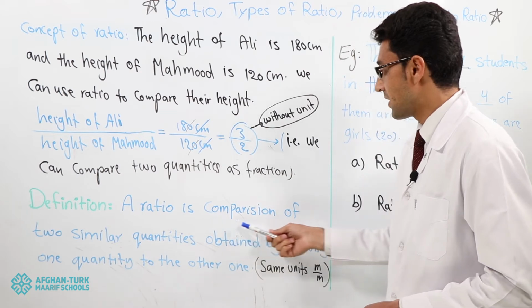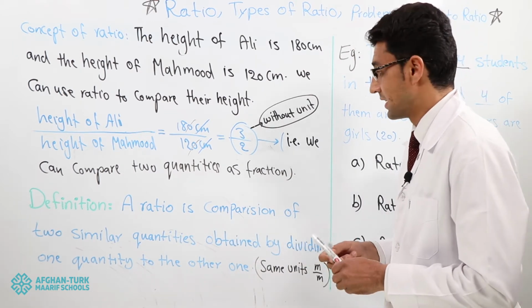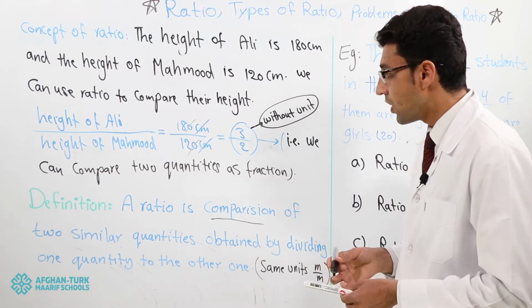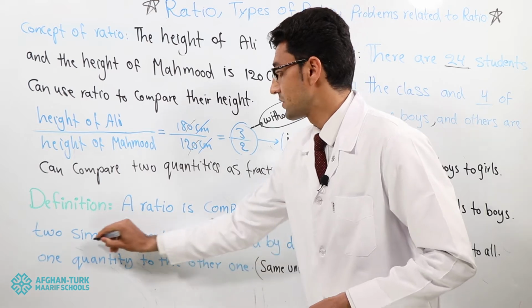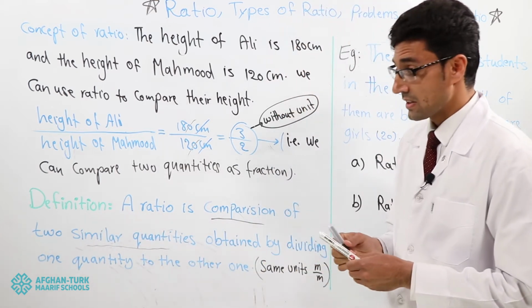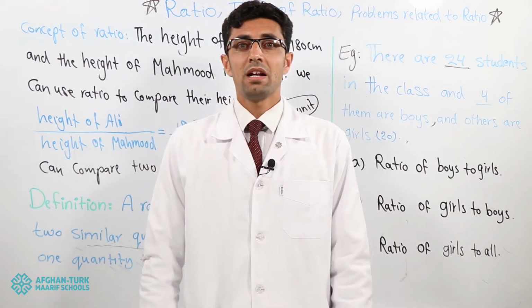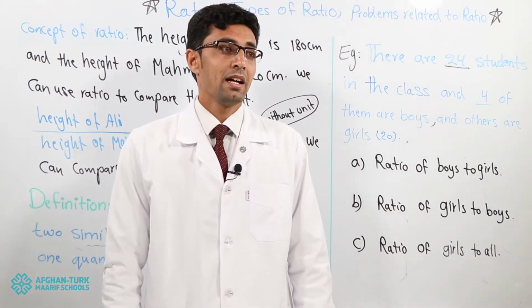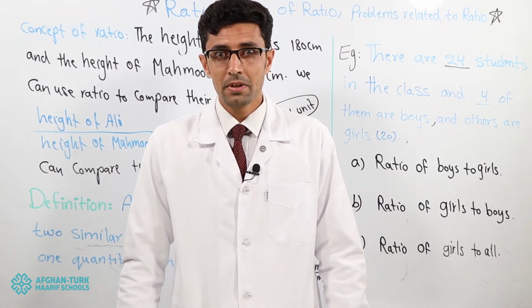A ratio is a comparison. Remember this. A ratio is a comparison of two similar quantities. For example, if I say my height is 184 centimeters and Ali has 2 kgs of potatoes, can I compare?